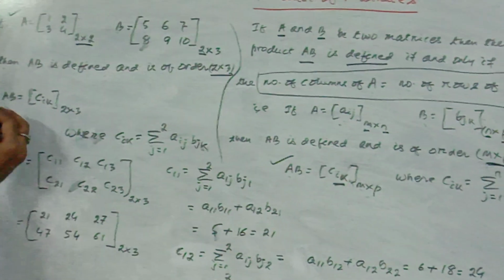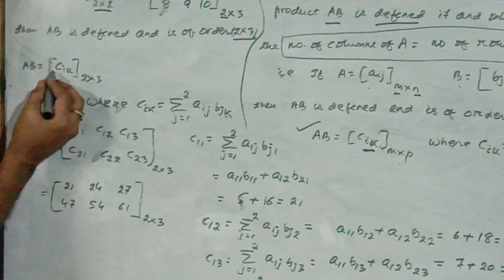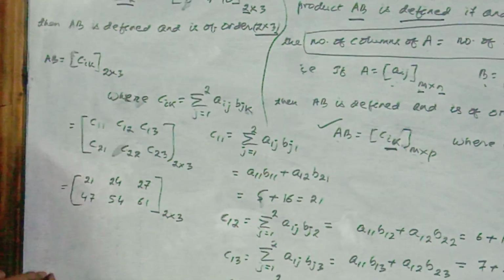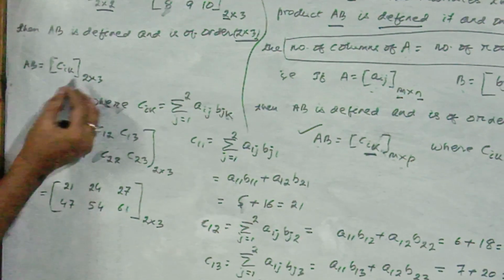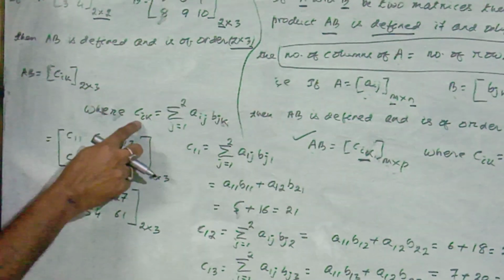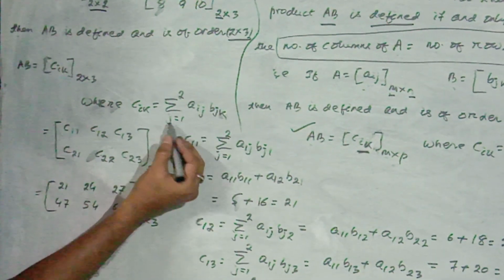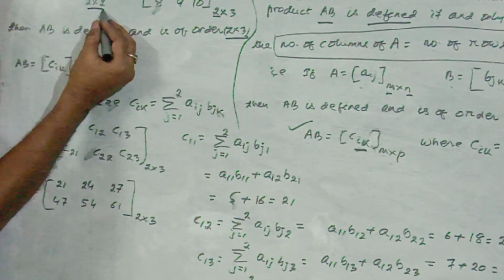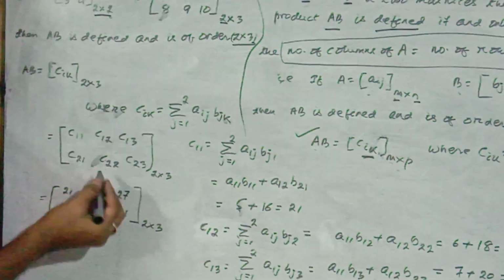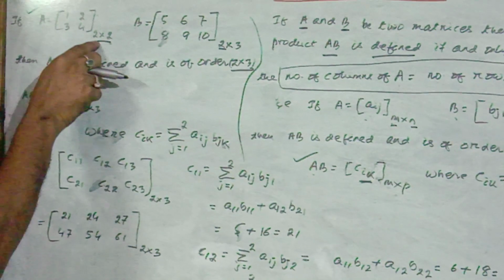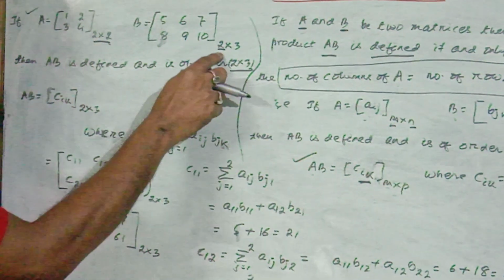So here, if AB is equal to the matrix Cik and its order is 2 cross 3, then Cik is given by the summation over j. Here j varies from 1 to 2, because A is a 2 cross 2 matrix and B is a 2 cross 3 matrix.